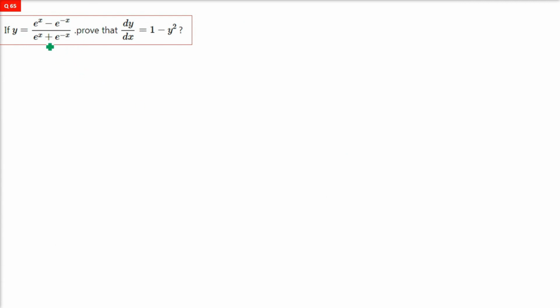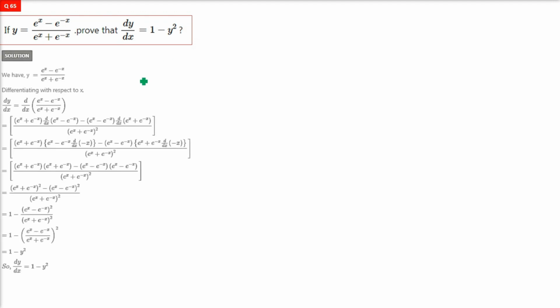Now y is equal to e to the power x minus e to the power minus x divided by e to the power x plus e to the power minus x. Dy by dx has to be proven to be 1 minus y square. There are different methods, different trials can be done, because we have done already a question like that. You can write e to the power minus x as 1 by e to the power x. So you will get e to the power 2x minus 1 divided by e to the power x.